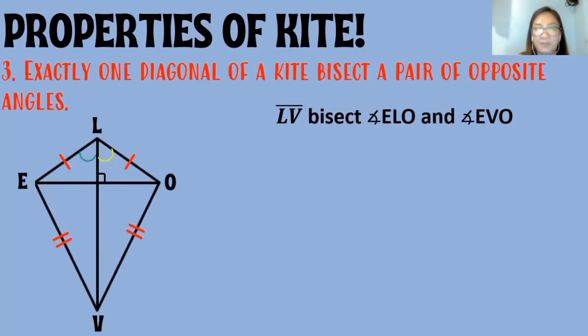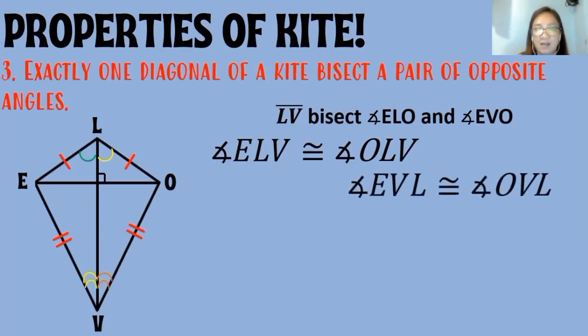Therefore, angle OLV and angle ELV are congruent, hence the same number of arcs. Angles EVL and OVL are also congruent, hence the same number of arcs in their angles.